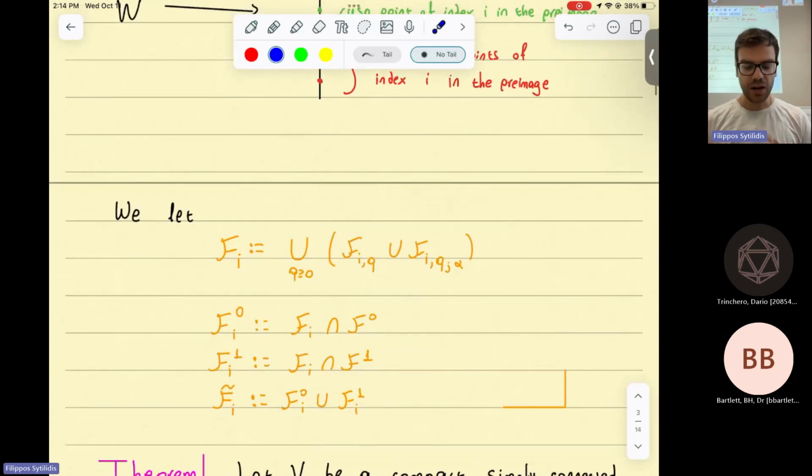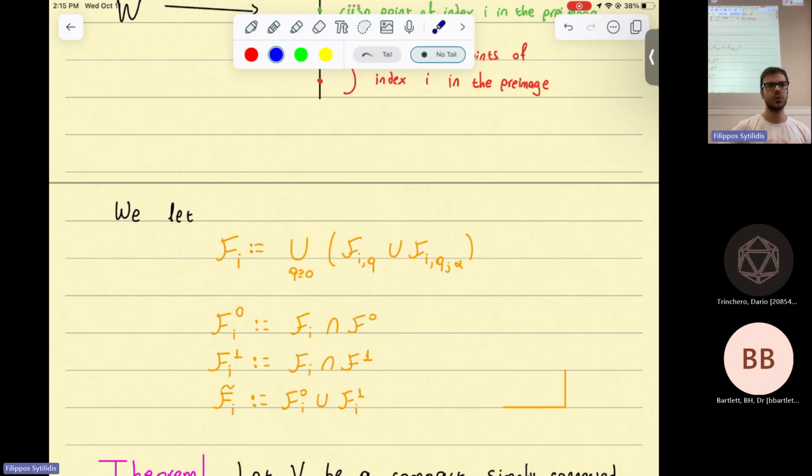And now I want to define f sub I, where I'm going to take the union over all q greater than or equal to 0 of these spaces. So what are the functions here?